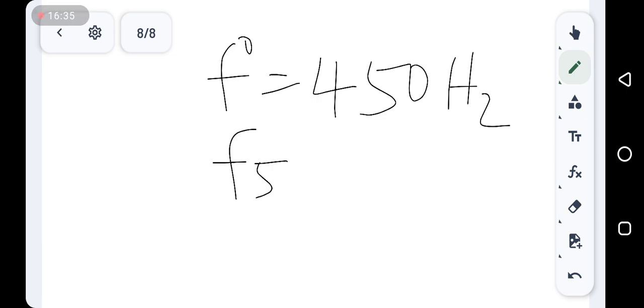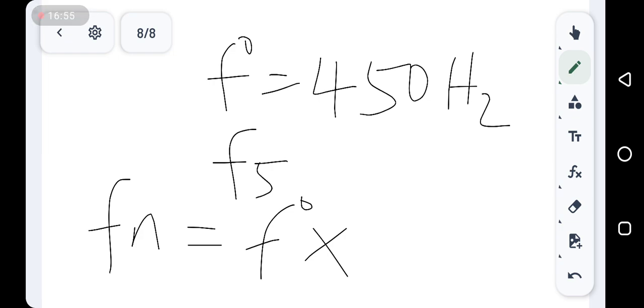For you to get the frequency of any position in an overtone, you use this formula: F of n position is equal to the fundamental frequency multiplied by n plus 1, where n is the position.